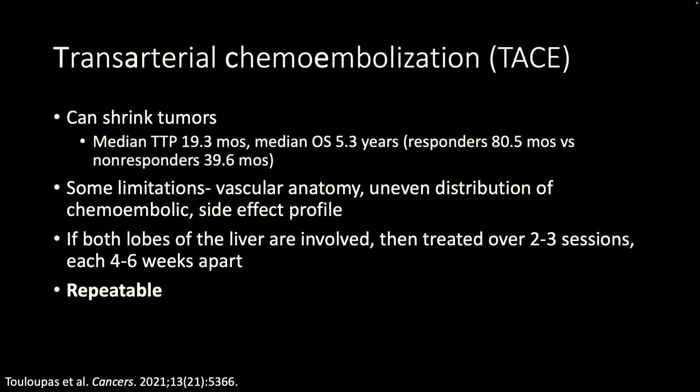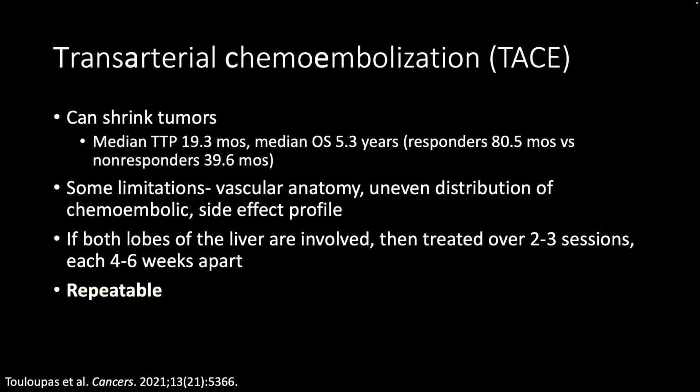There was a paper. I don't have a lot of data in my presentation on purpose, but I thought it was important to include this. This was about 600 patients that underwent chemoembolization in France, patients with neuroendocrine tumors, and they did an 8-year follow-up, which is terrific. That's enormous data. Median time to progression was about 19.3 months. This is all patients.